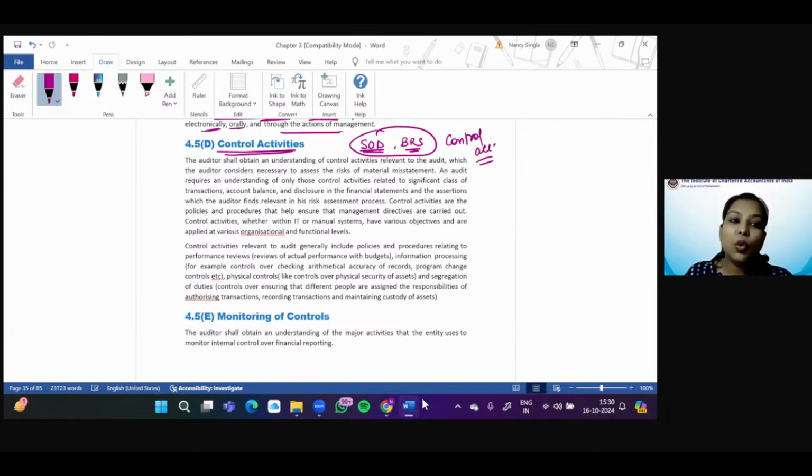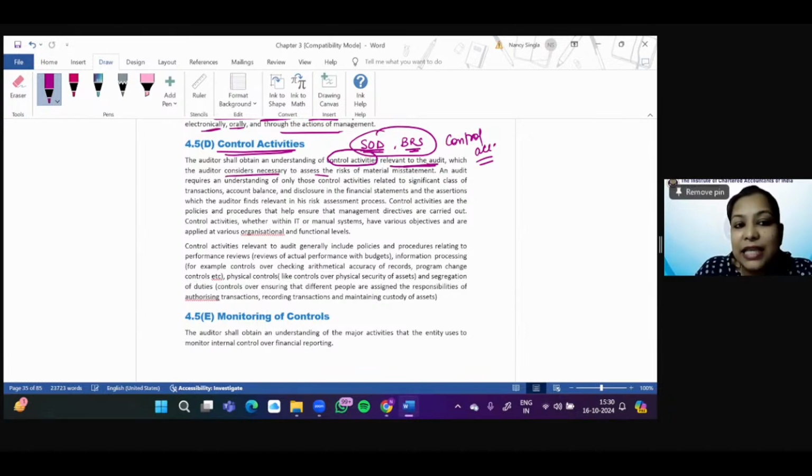So the auditor will obtain an understanding of the control activities relevant to the audit, which the auditor considers necessary to assess the risk of material misstatement. See, throughout the organization, there must be a number of control activities that have been implemented by the management. Those that are relevant for the audit, for the assessment of risk of material misstatement, the auditor is going to consider, right?